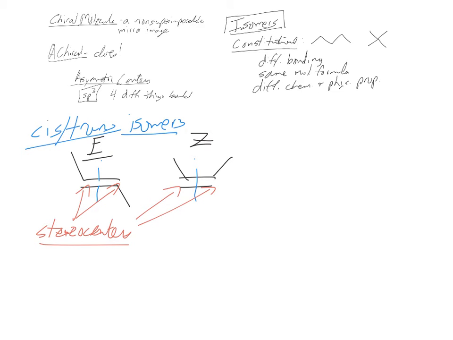Cis-trans isomers have, again, different chemical and physical properties. And the trans, or the E, is most times more stable.